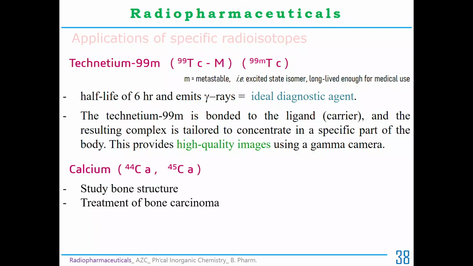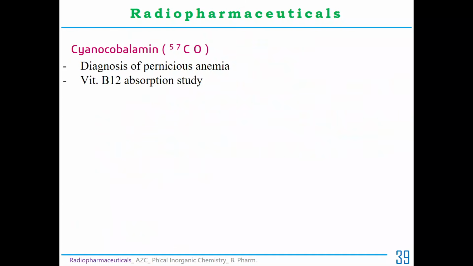Calcium-44 and 45 used to study bone structure and treatment of bone carcinoma. Calcium-47 used to study of calcium absorption. Cyanocobalamin, labeled with cobalt-57, used in diagnosis of pernicious anemia, vitamin B12 absorption study.